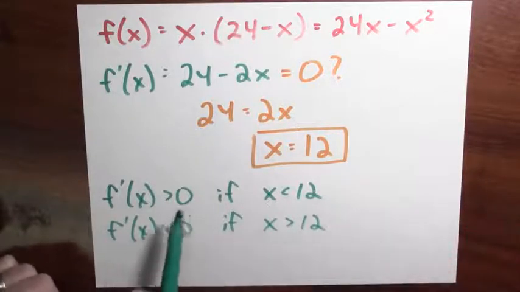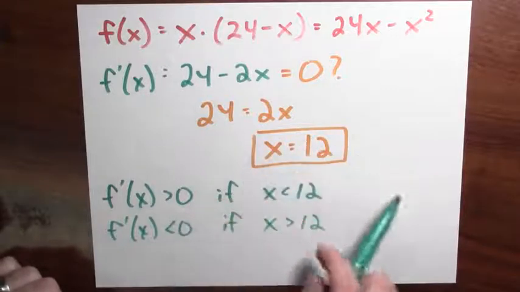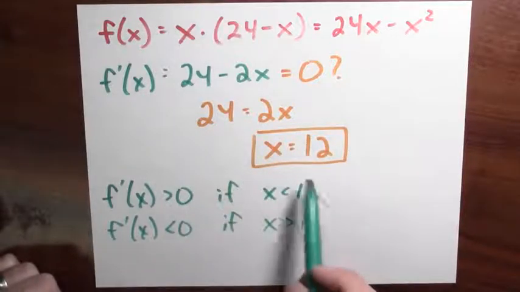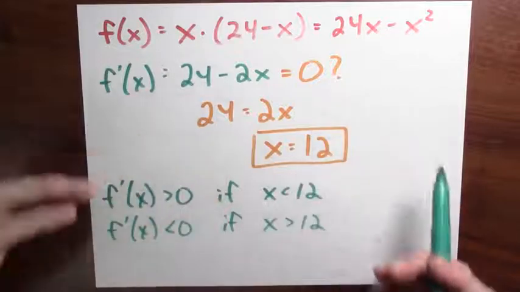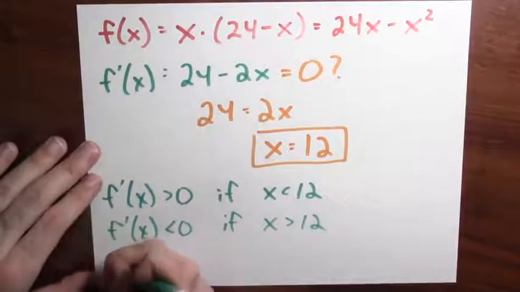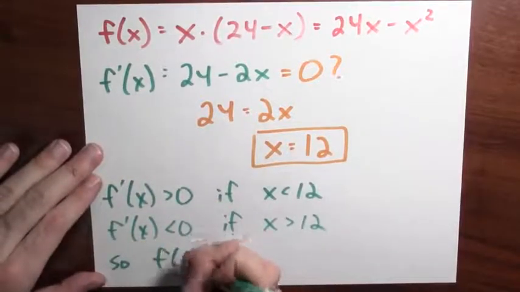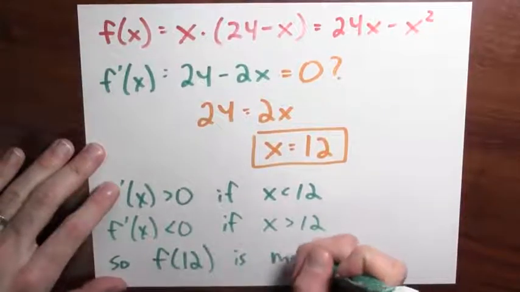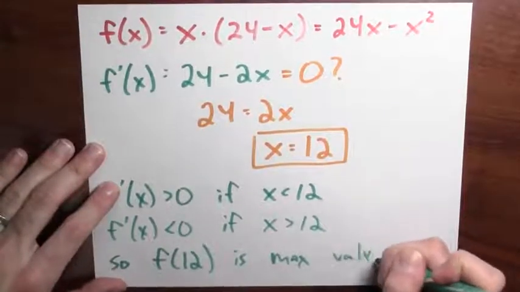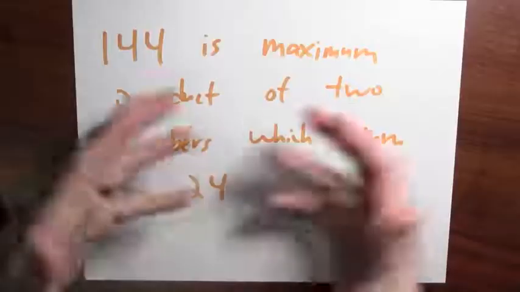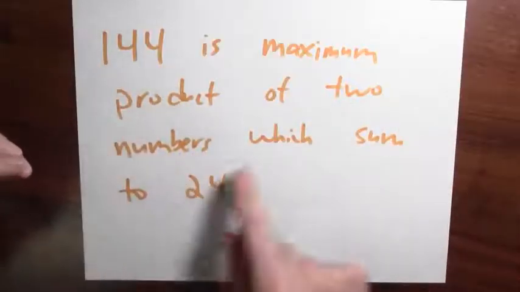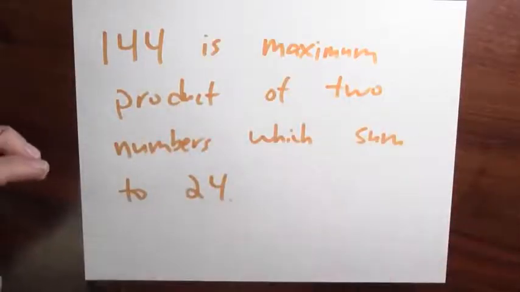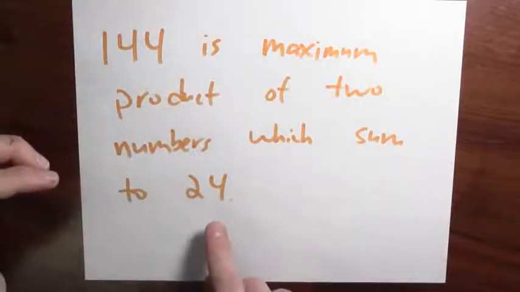So the function goes up, gets to 12, and starts going down. What kind of point does that make 12? Well, that must be a maximum. So I'll write f of 12 is my maximum value. So what do we conclude? So here's our conclusion. 144 is the maximum product of two numbers which sum to 24.